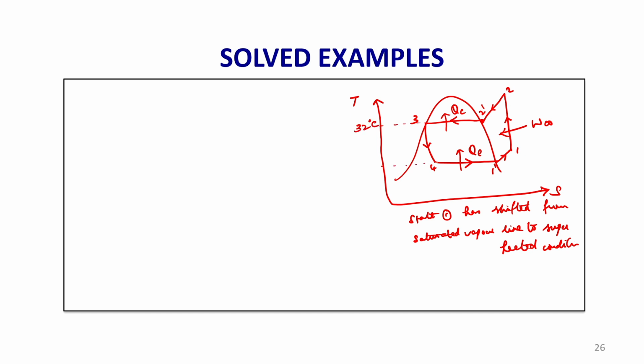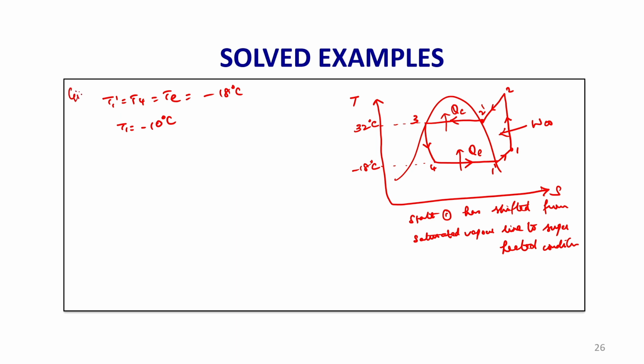This temperature is minus 18. So, that means T1 dash is equal to T4 is equal to T evaporator is equal to minus 18. But here the temperature is minus 10, which is given, because this is superheating. In the previous case there is no superheating, there is only subcooling. So this is minus 10 degrees centigrade, which is given.